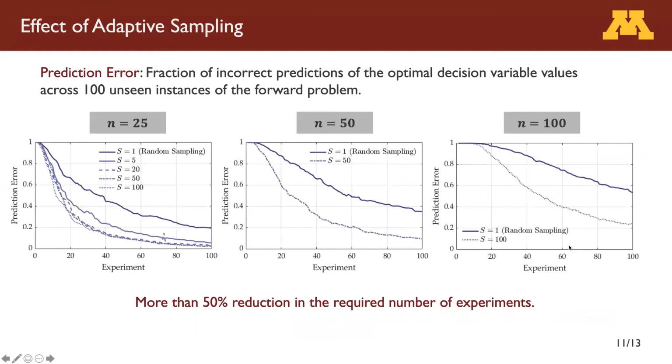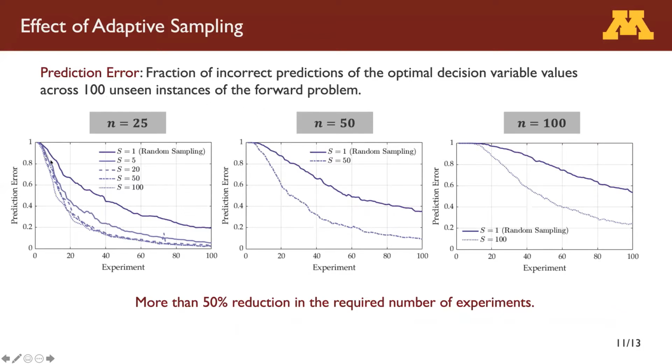This slide shows the effect of adaptive sampling. The plot shows the change in the prediction error of the estimate as more experiments are added to the problem. Now, this prediction error was calculated as the fraction of incorrect predictions of decision variable values across 100 unseen instances of the forward problem.